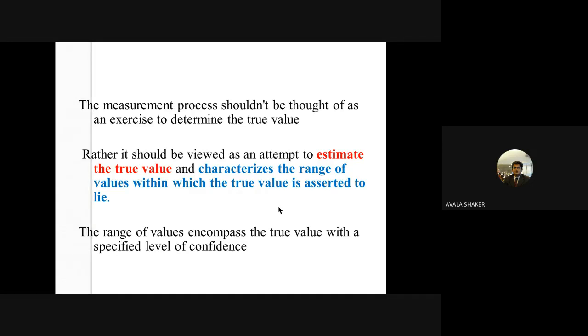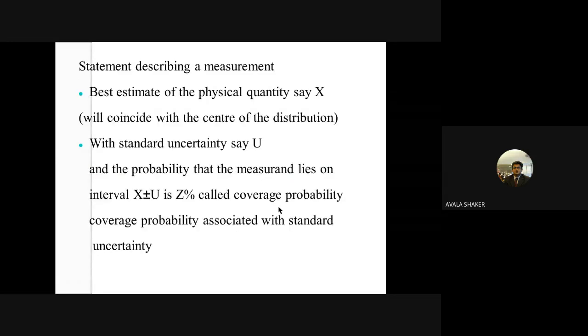Okay, so the range of the value encompasses the true values. So the true value can be anywhere between that plus minus, that is what we expect, and specify the level of confidence. Okay, so whenever you write a result, okay, so x plus or minus u.